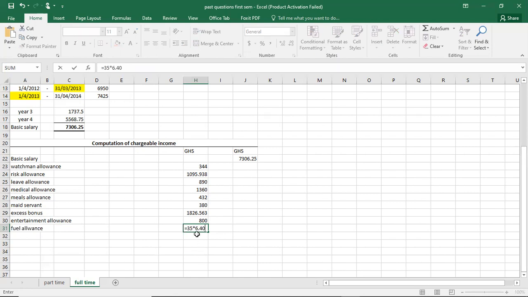So when I multiply 35 by 640 pesos, I get the amount of cash that he is entitled to for a month. And when I multiply it by 12, I'll get the total amount of cash he is entitled to in a year. That is on the side of fuel allowance. Then this guy has also taken a loan from the company.